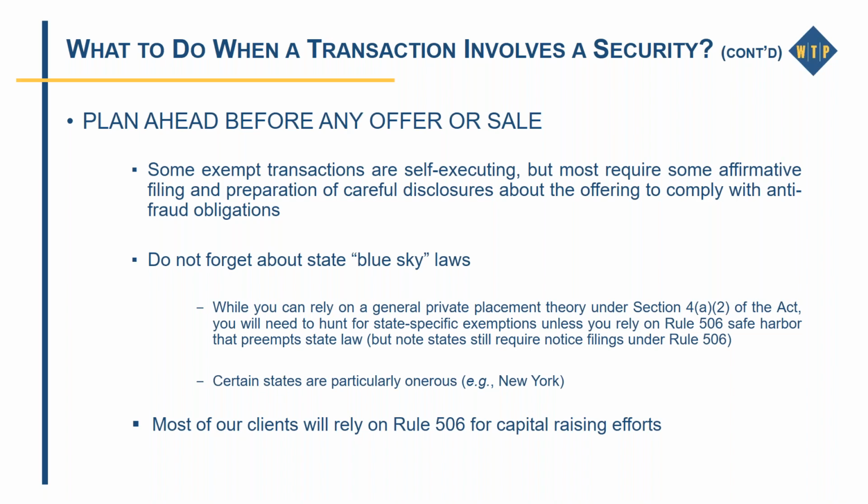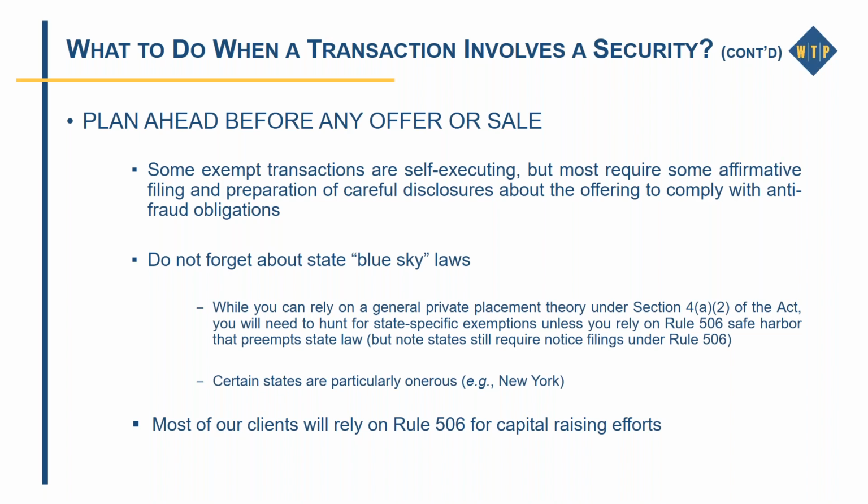They have an exemption in theory, but then they don't follow it through with adequate disclosures and giving their prospective investors adequate information. And that can jeopardize the entire exemption. I mean, it can almost completely gut it. So you've got to plan well before any offer or sale.